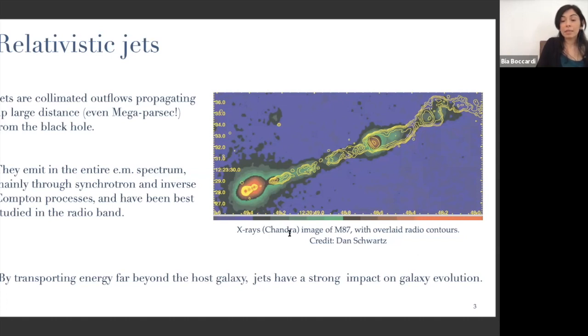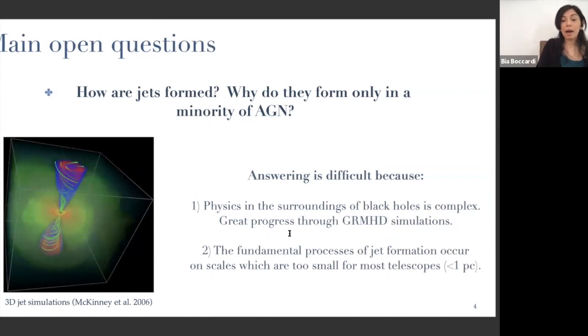However, while playing such a pivotal role in the history of the universe, we still don't understand some fundamental things about them. Mainly, we don't understand how they are formed, and we don't understand why only a minority of active galaxies form jets.